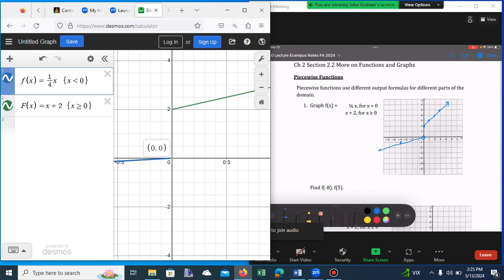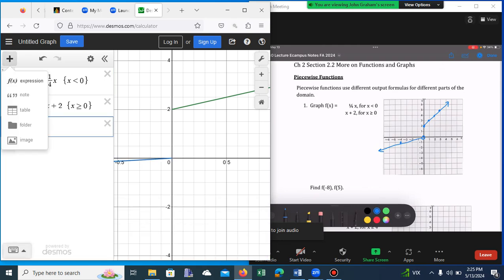But this is a function, so there shouldn't be any way they cross if you do a vertical line. And any time where they could line up, one of them has to be included and one doesn't have to be included. We can see this in a table.